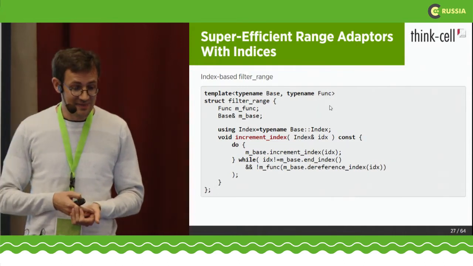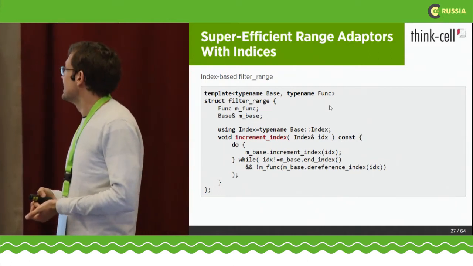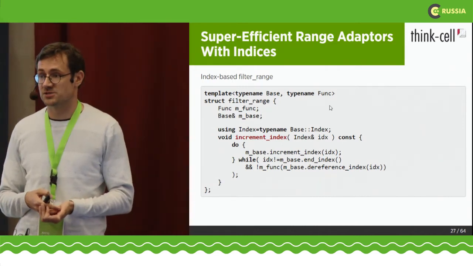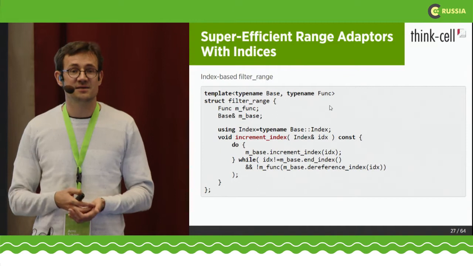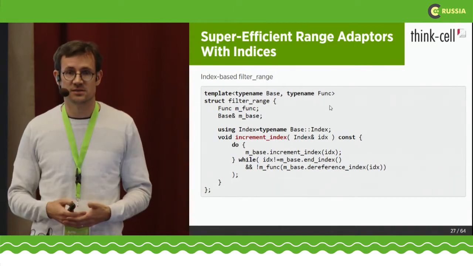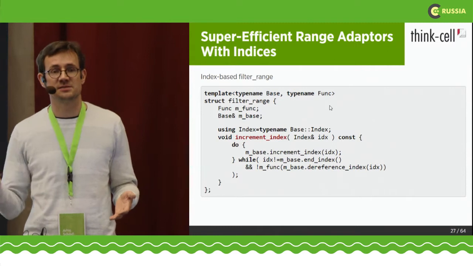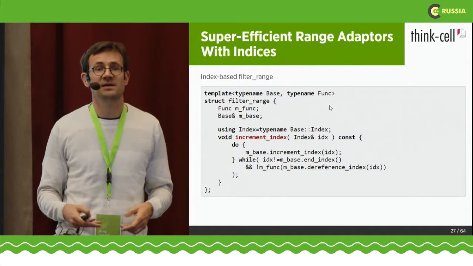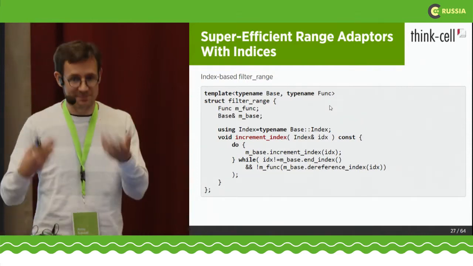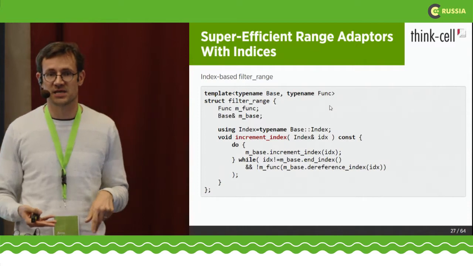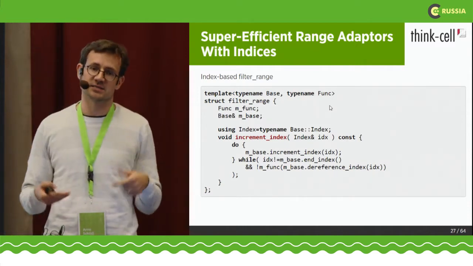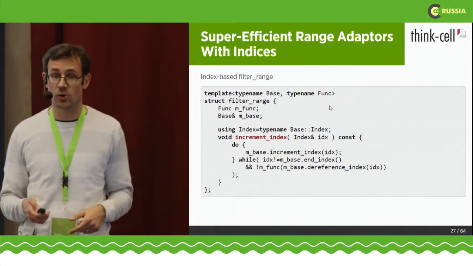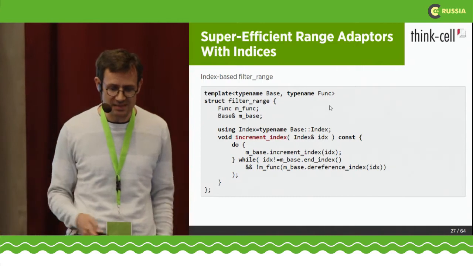And as you can see, the index of that filter range is then exactly the same type as the index of the base range. So you don't add any extra memory requirements to these adapted ranges. Whenever you are iterating over them, the iterator will be the wrapped index, and that will basically contain two machine words, one being the index, kind of like a pointer, and the other one being the pointer to the base range. So you're getting by with two words, regardless of the stacking depth. That's kind of cool.